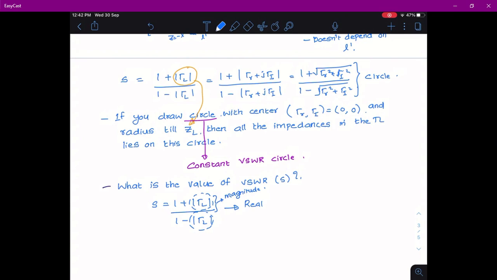Real value implies this should lie on the tau r axis, because tau I means imaginary value.